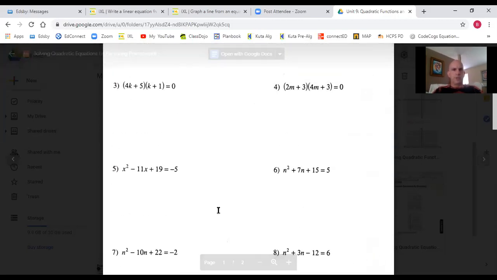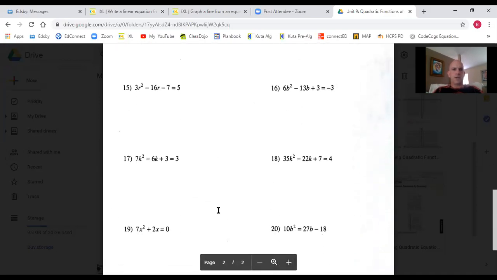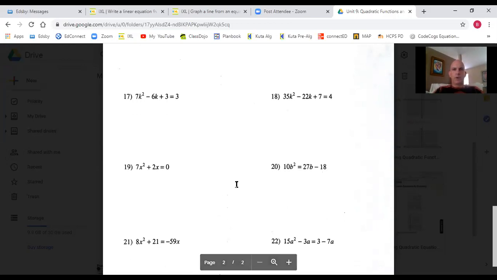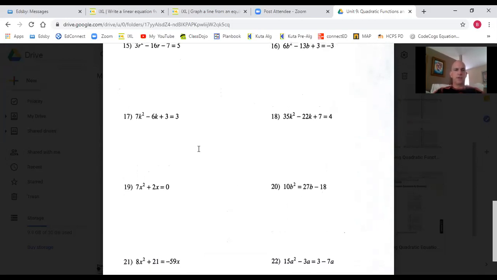So there's 1, 2, 3, 4, 5, 6, 7, 8, 9, and I believe 21 would be the 10th problem for your factoring there. So if you were having trouble with the IXL and would prefer to replace that with this worksheet, that's fine. If you are having a perfectly easy time with this and just want to get some extra practice in on this worksheet, you can do that as well.